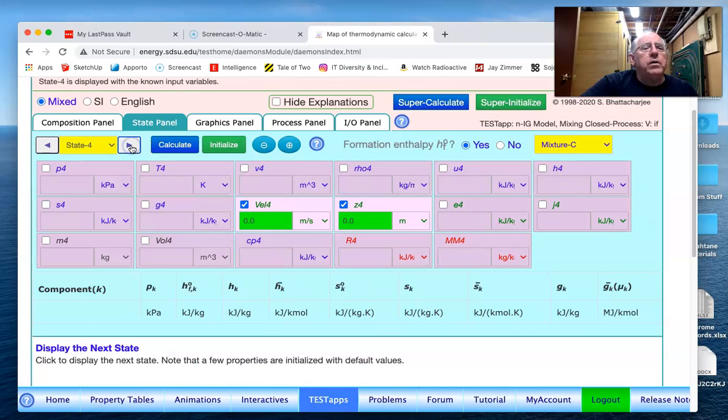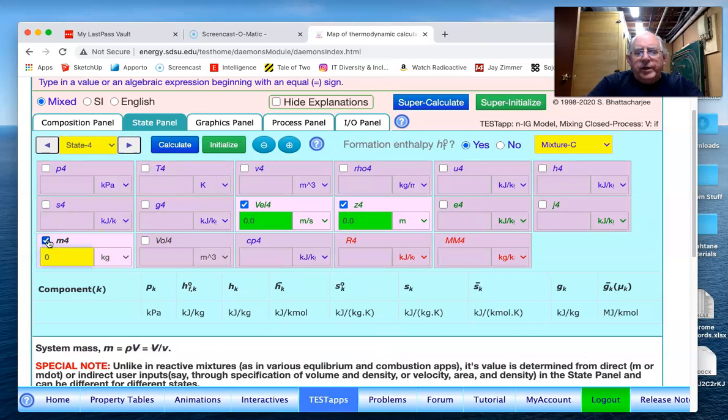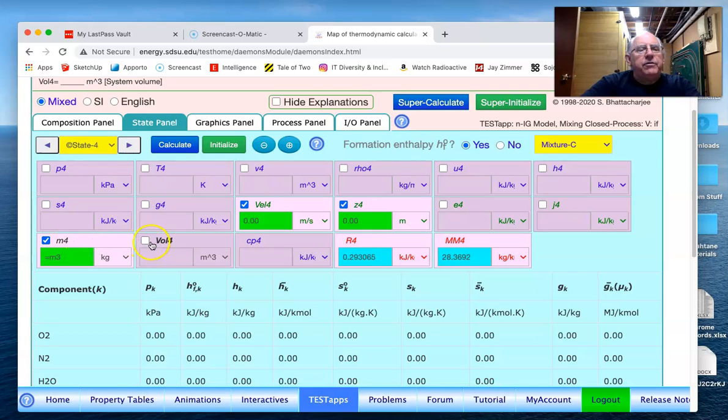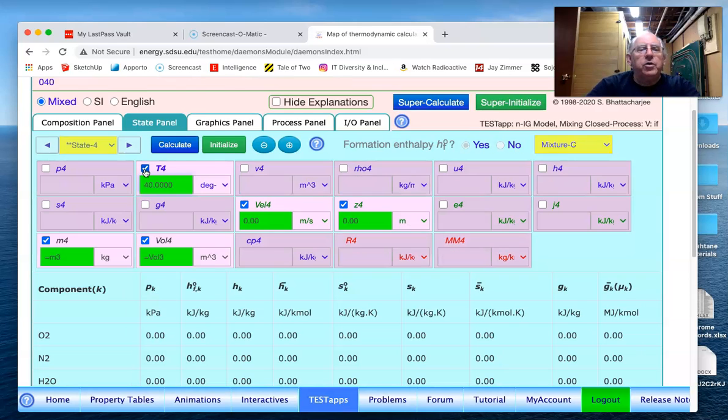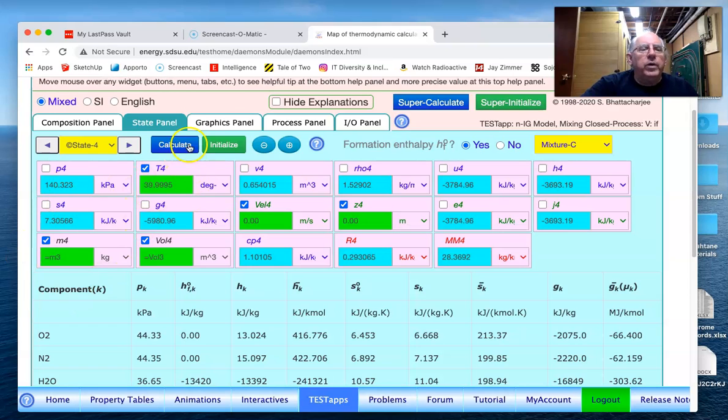What I'm going to do is generate a state 4. This state 4 is going to be the same mass as state 3, the same volume as state 3, but I'm going to put in what we know about the final condition for the second part. The temperature is known as a thermodynamic property for the final state, and that temperature was 40 degrees C, because we are going to allow there to be heat transfer.